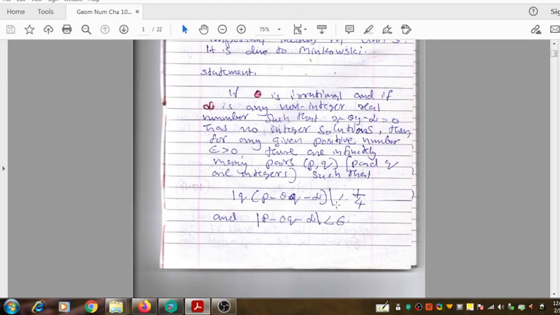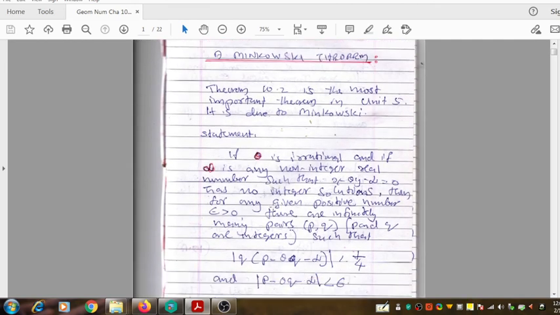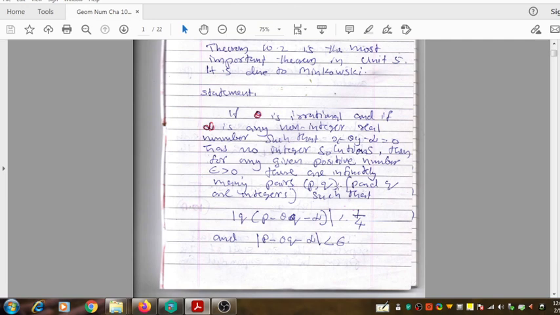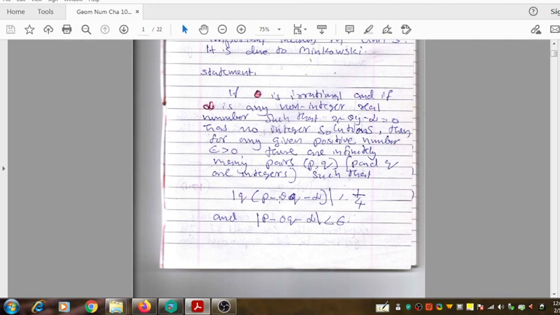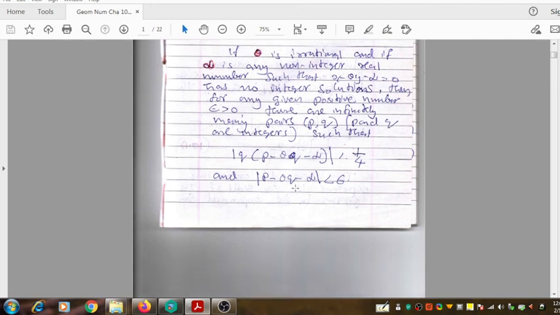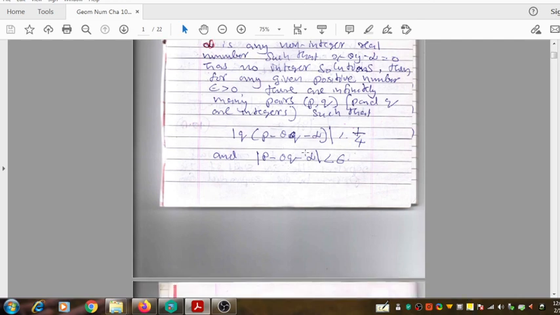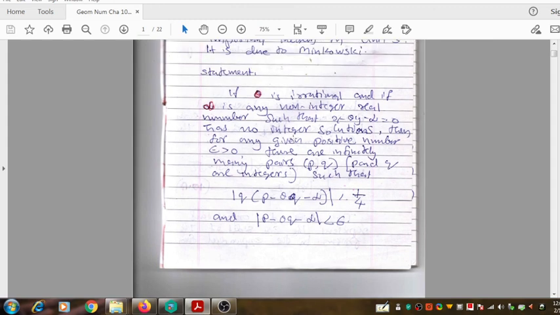We get only P minus alpha, but our aim is to find an approximation for the irrational number theta.